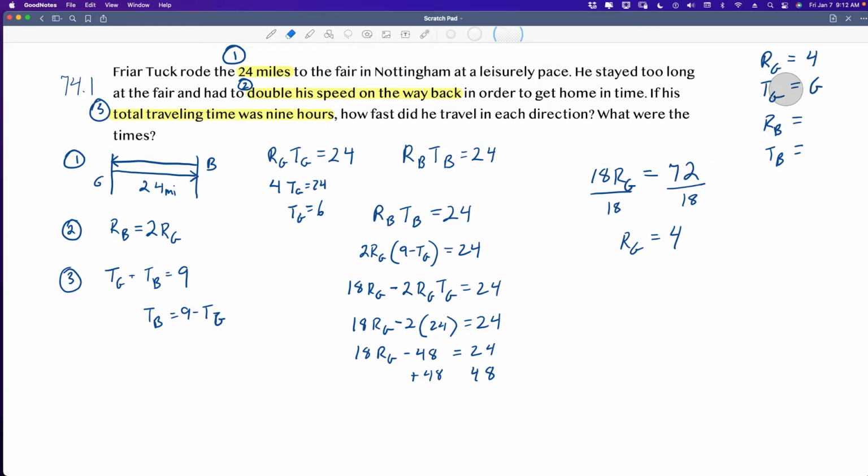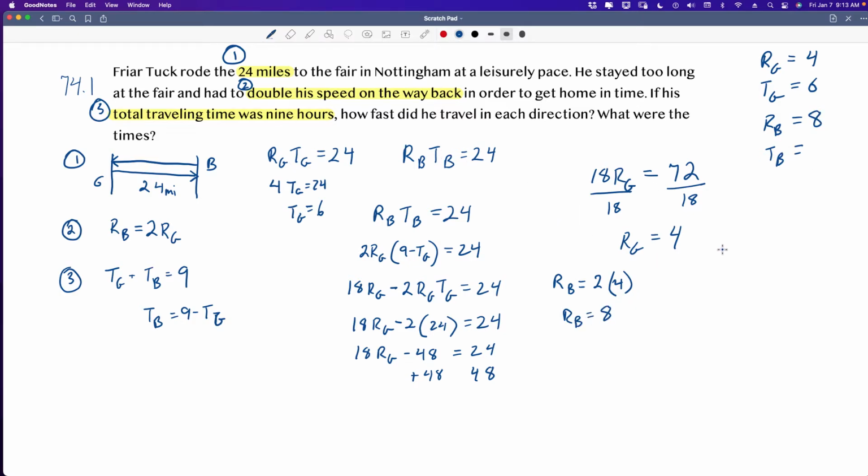That should be 6, right? Now we can solve for RB because we know that RB is 2 times RG. So if RB equals 2 times RG, and RG is 4, RB is 8.